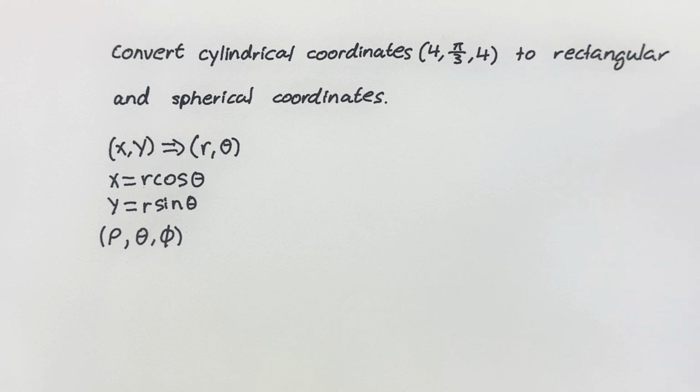Then we also have a conversion factor from the cylindrical coordinates to spherical coordinates. So after converting cylindrical coordinates to rectangular coordinates, we can use a conversion factor to convert rectangular to spherical.